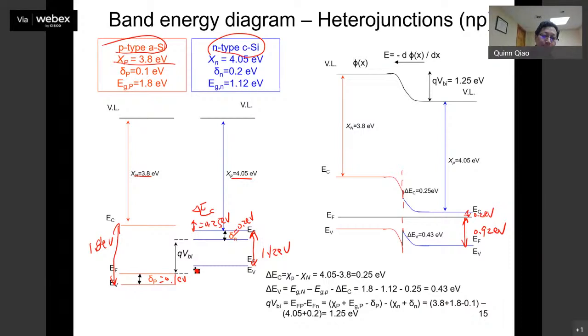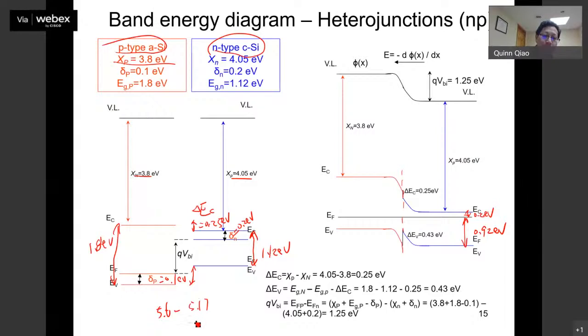And then look at here, how much distance you have, right? You can calculate this total. 3.8 plus 1.8 is 5.6, right? 5.6 minus this: 4.05 plus 1.12 is 5.17, right?